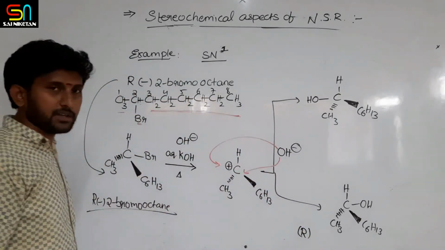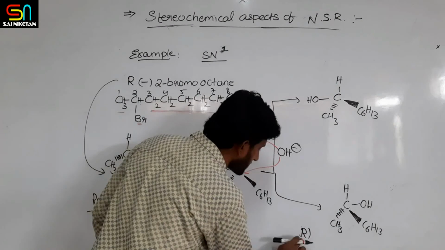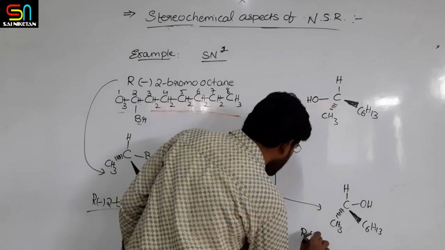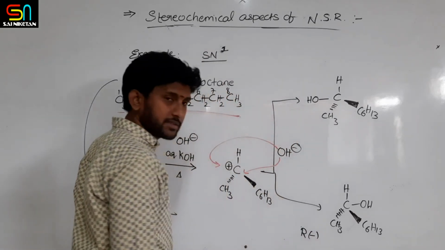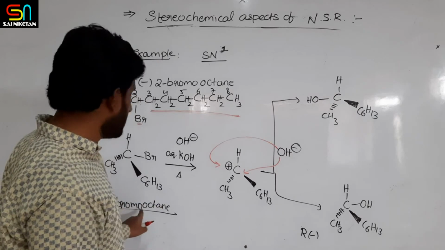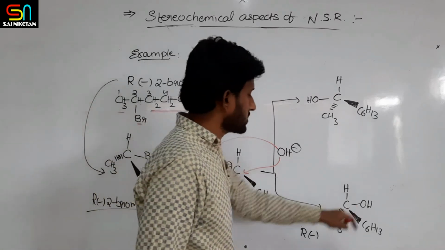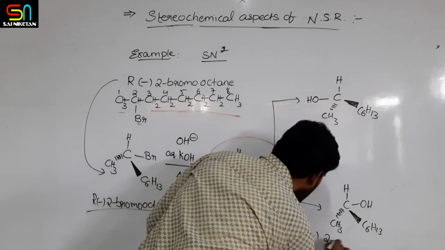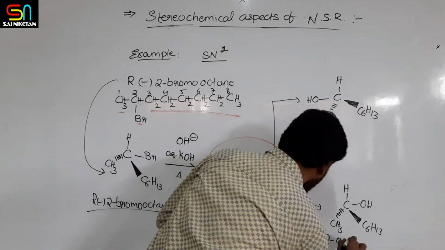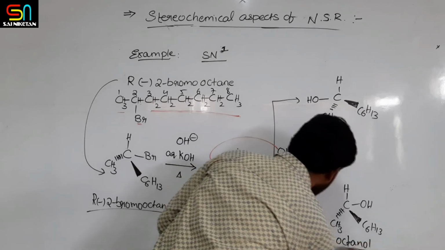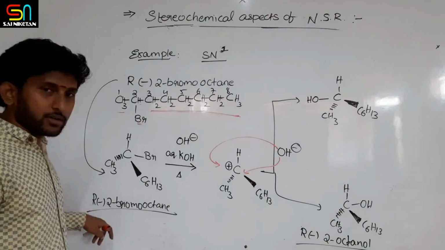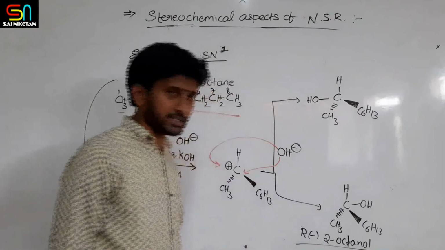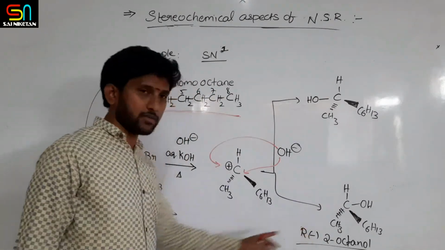Relative configuration will remain R. Now R minus 2-bromo octane is the parent. Now what is changed? It is changed to alcohol, so it will change to 2-octanol. Right or not? Whatever parent configuration is there, right side here it is bromine. Similarly, the product also you are having right side. So that's why we have taken R for the product also.